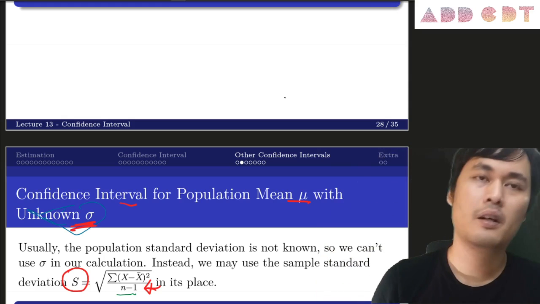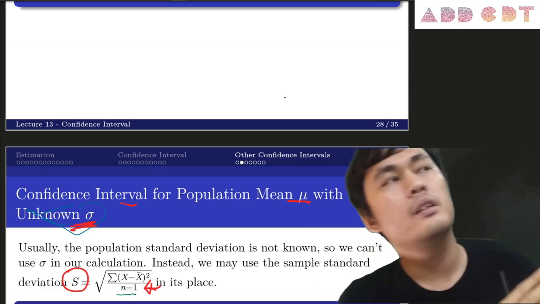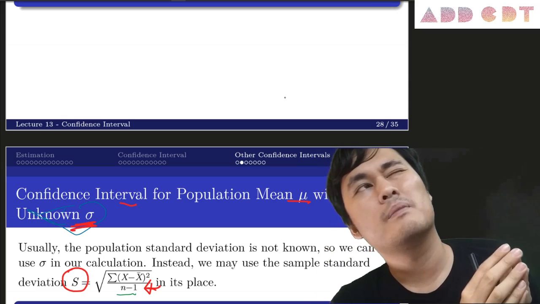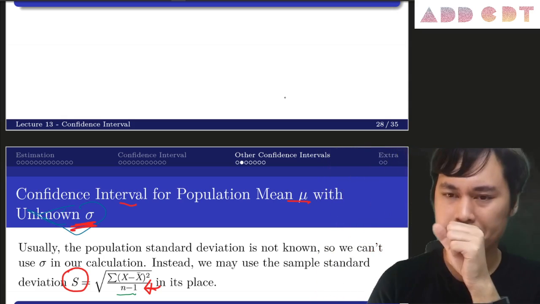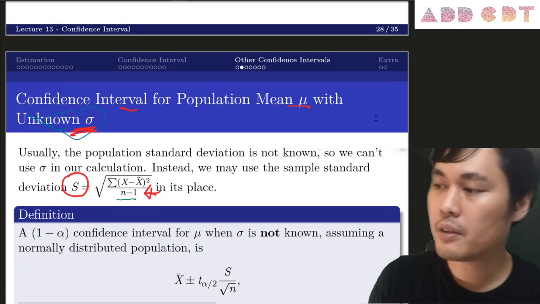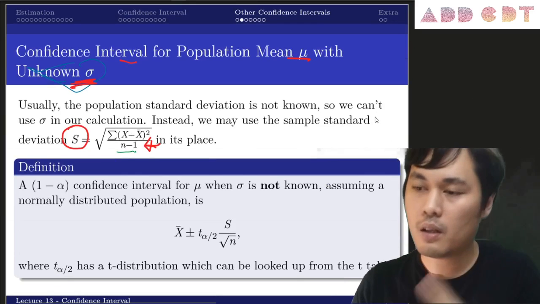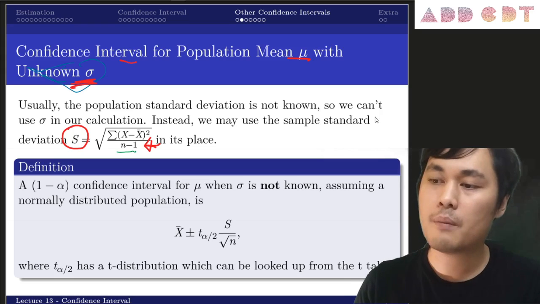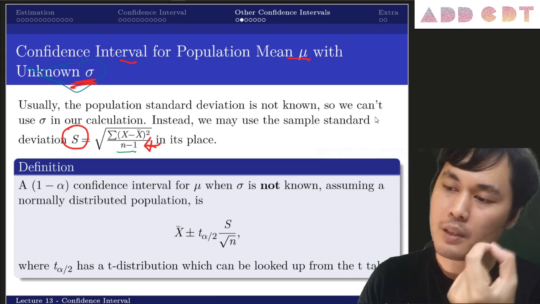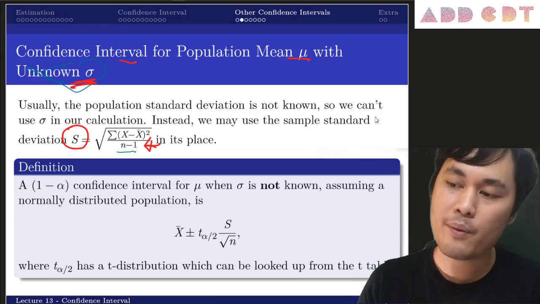This is the concept of degrees of freedom, which we are not going to focus on in this course. But if we compute the standard deviation from the sample, then we have to subtract 1 from the number of samples.